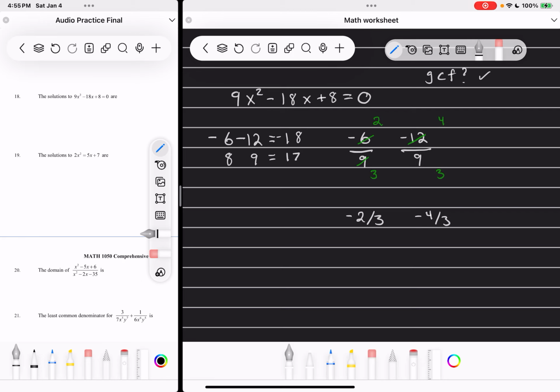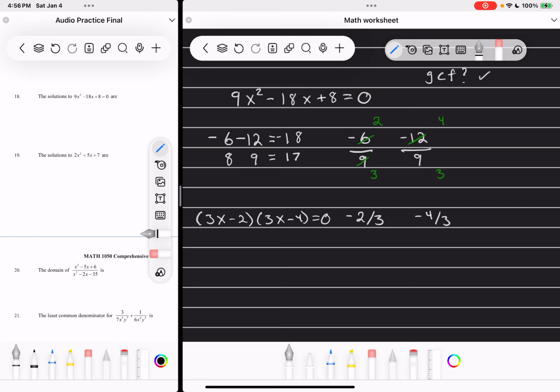Because this is an equation, we have equals 0. We can either solve it right now, or we can set it up in the proper form if we didn't have an equal sign. If we did not have an equal sign, we would have 3x minus 2 times 3x minus 4 equals 0. And then we would have to solve this.